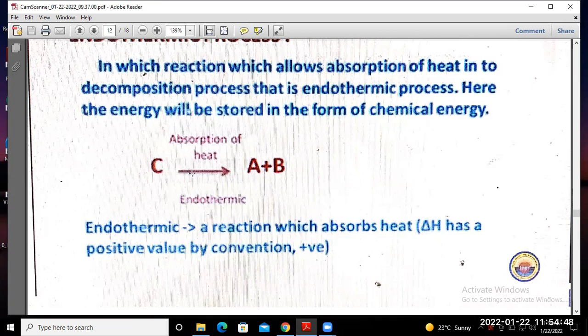An endothermic reaction absorbs heat, and delta H has a positive value by convention. The particle which absorbs heat, we consider it a positive convention. So this is the endothermic process.